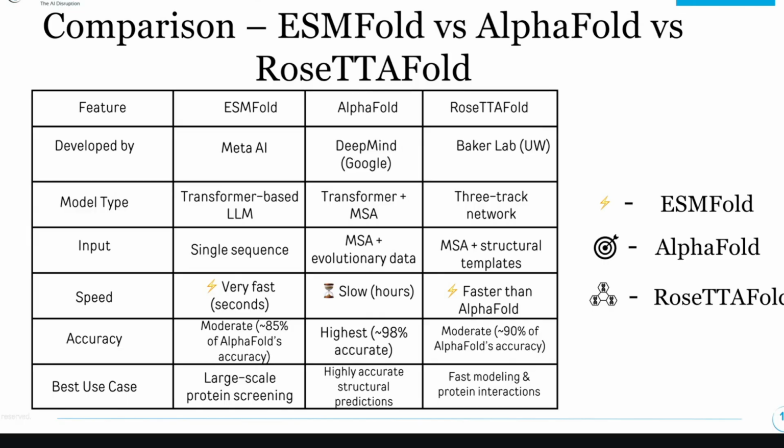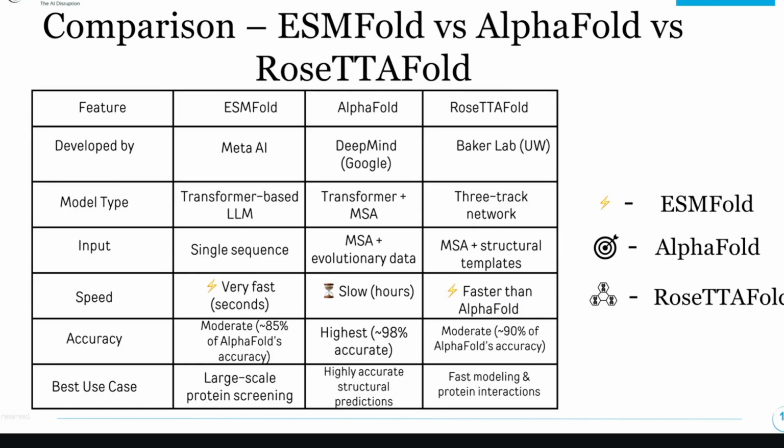And the model type. The model type of ESMFold is a transformer-based large language model. It learns protein structures based on self-supervised learning, so there is no new data set fed. It is able to supervise itself to learn from previously existing vast protein sequences. There are resources like UniProt, SwissProt, and TrEMBL where you can find protein sequences.